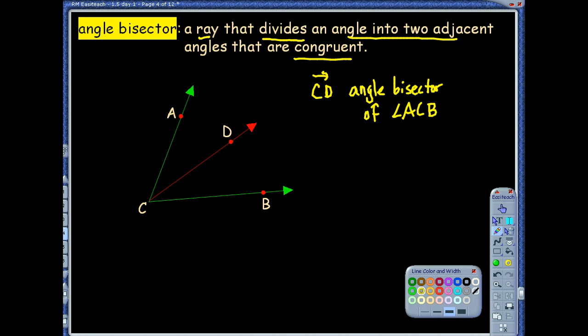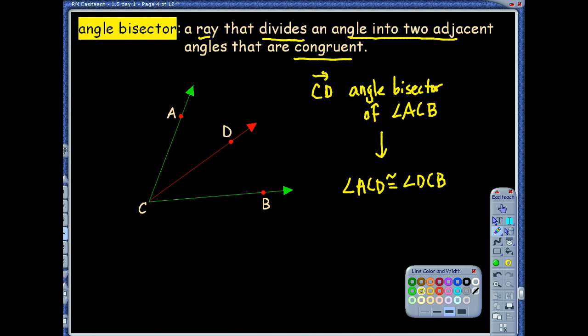That would mean that angle ACD is congruent to angle DCB. So it's forming 2 congruent angles.